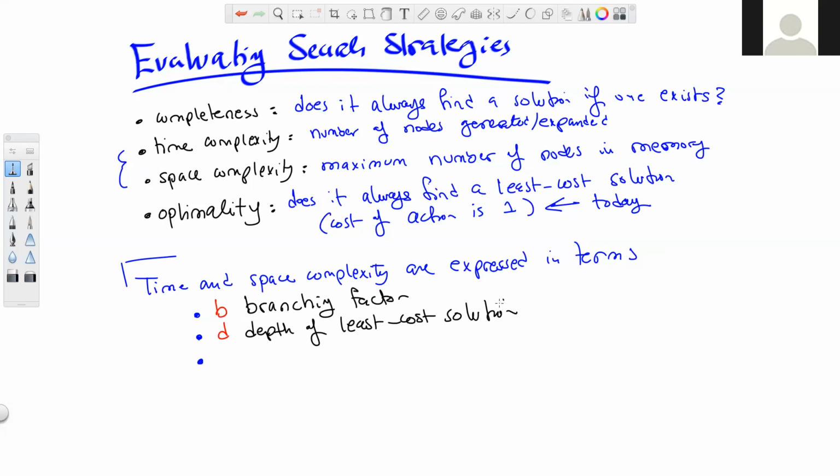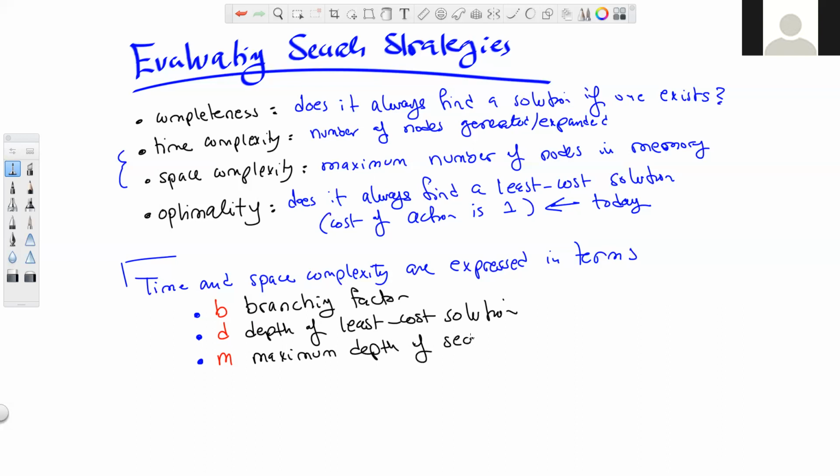Now, this is perhaps a bit subtle. Someone already wrote something: is this the depth of the optimal solution, or is it the maximum depth of the tree? Very good. Actually, we need both, and you just answered my question. This last one will be M, which is the maximum depth of the search tree.